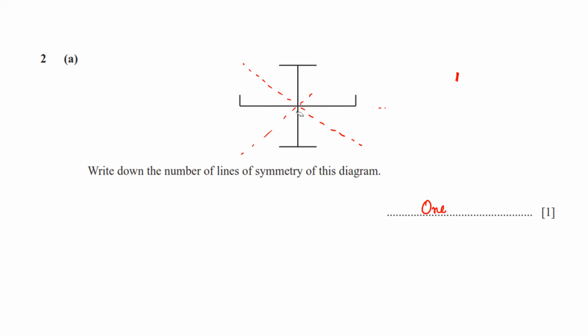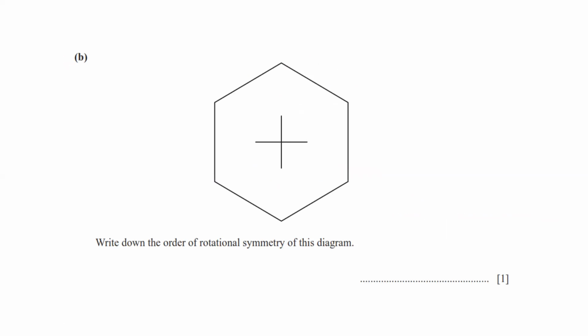Generally for questions like this, we draw a couple of lines of symmetry and see where we can have a mirror image of half of the shape. Then part B says write down the order of rotational symmetry of this diagram. We are given a hexagon with a plus sign in between.